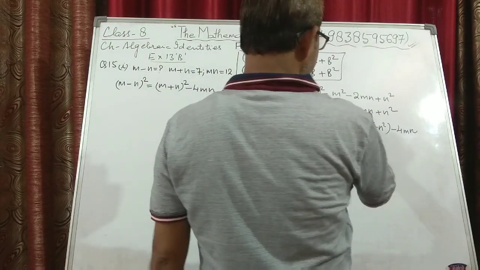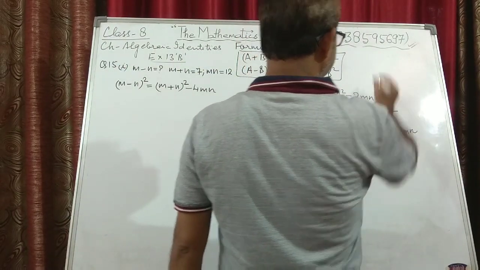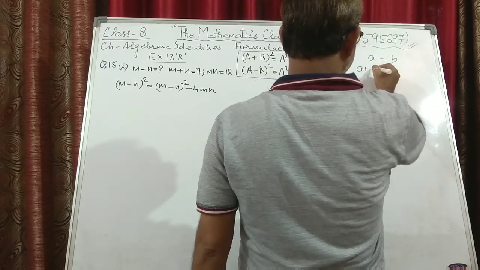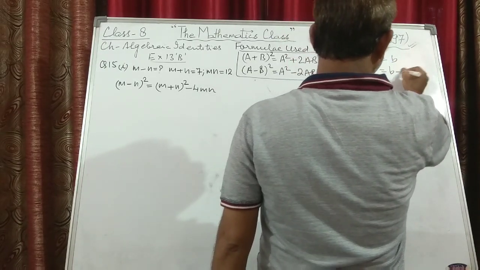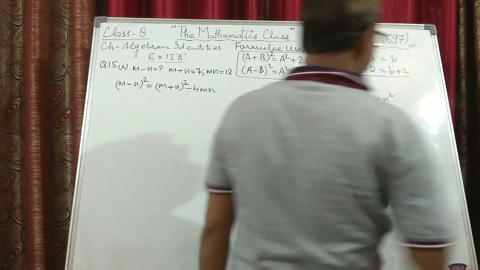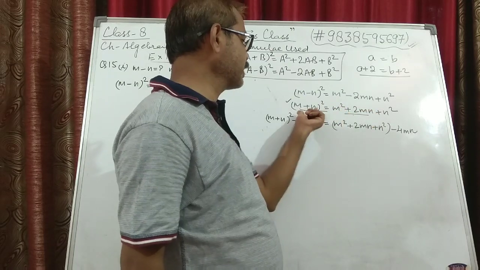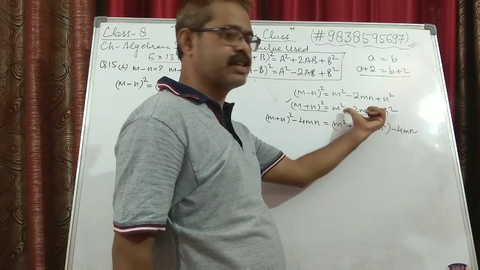If these two are equal, let us say a and b, if a is equal to b and I add a constant quantity, let's say 2, to both the sides, it means a plus 2 and b plus 2 will be equal. Similarly, m plus n whole square is equal to m square plus 2mn plus n square.